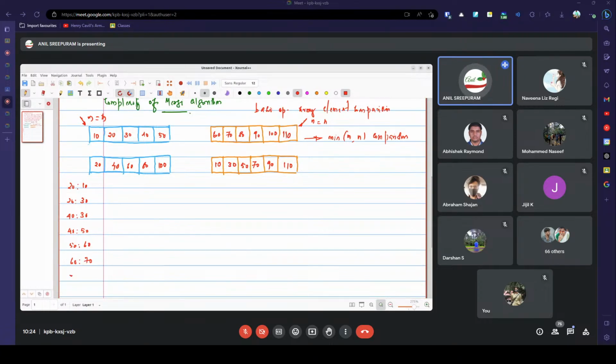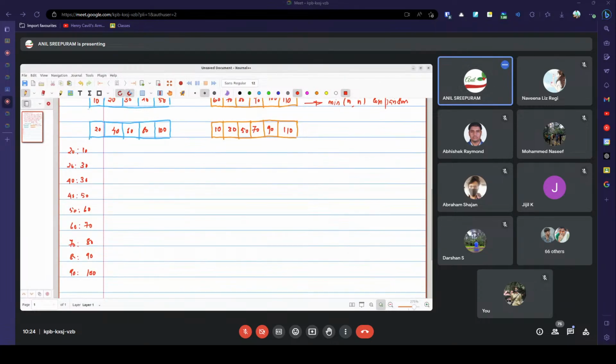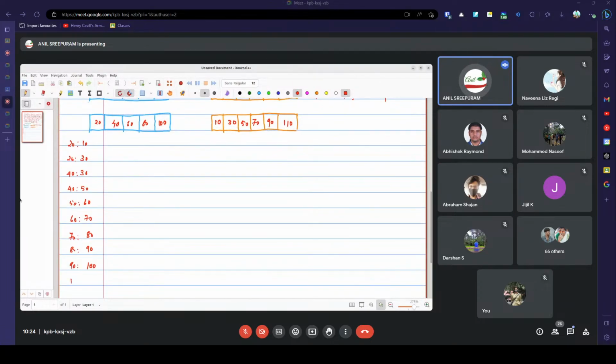Now 70 versus 80. 80 versus 90. Then 90 versus 100. Then 100 versus 110. Look at this, this 10 and this 110 are compared only once, and all other elements are compared twice.